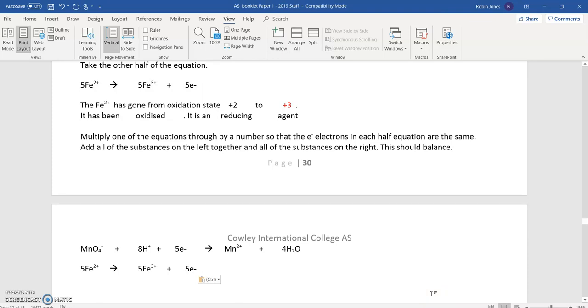I'm going to add everything on the left and everything on the right. So on the left of this one, there's that. On the left of the other one, there's that. So I'll put that on the left as well.